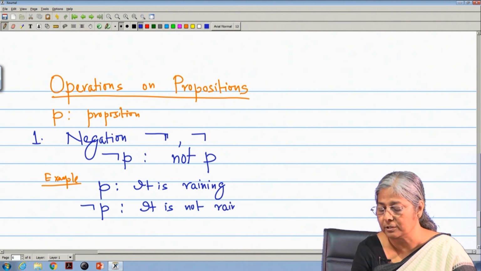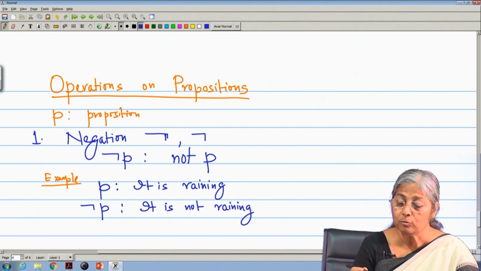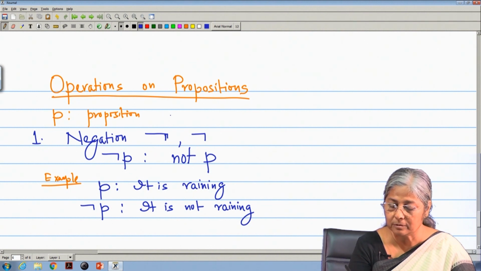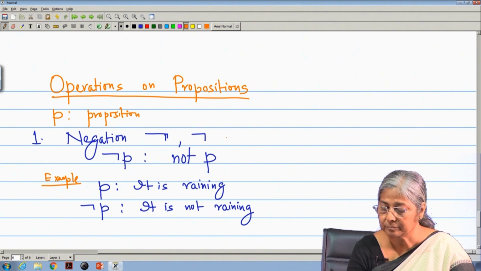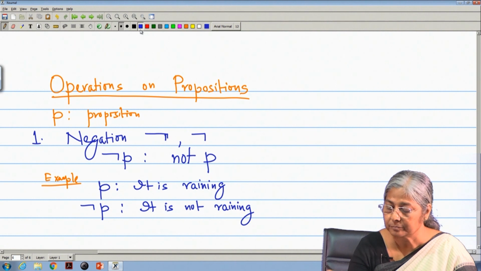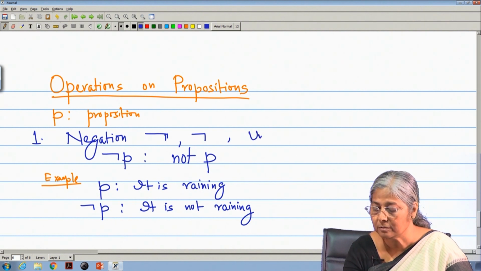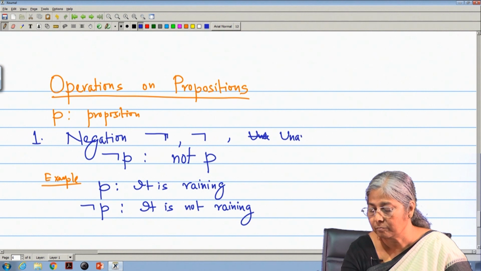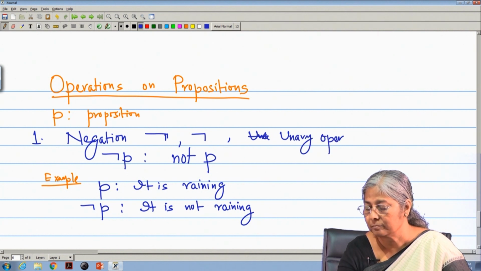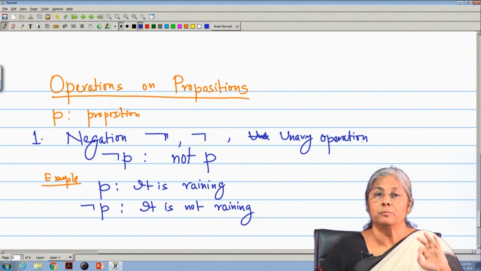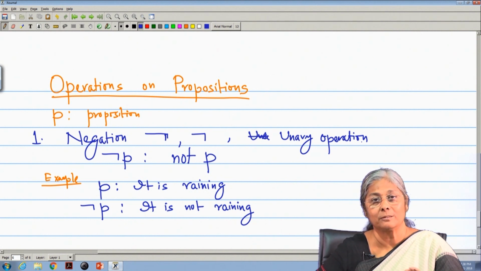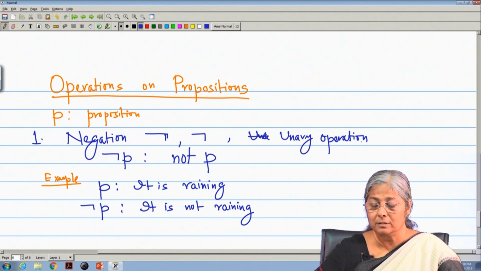This is a unary operator, a unary operation, since it needs only one propositional variable P to work on.